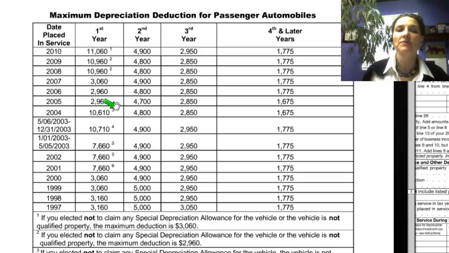So in general, the limit for the second year is between $4,700 and $4,900, and you just need to look it up year to year to see where you're at. The third year, again, we're within $100 every year. Look at this, 1997, the limit was $3,050. And here we are in 2010, and the limit's $2,950. Again, no rhyme or reason. Obviously, there's no adjustment for inflation whatsoever over time in these calculations.